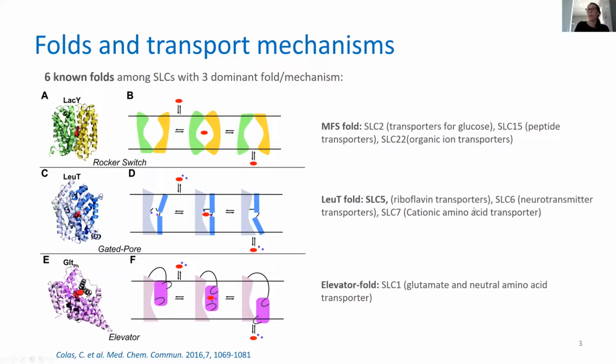Here we have, for example, the SLC6 transporter family, which is also the family I'm going to focus on today, because this is by far probably the most well investigated transporter family. But here we also have the SLC7 family, which includes, for example, a large amino acid transporter, LAT1, which is a really important cancer target.